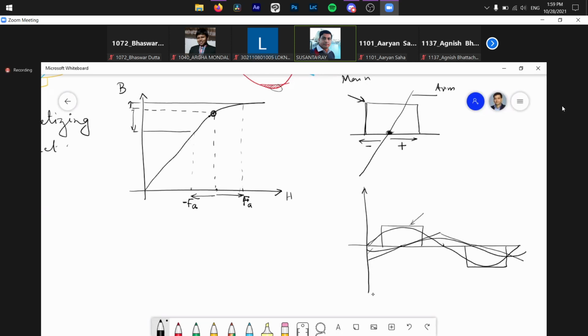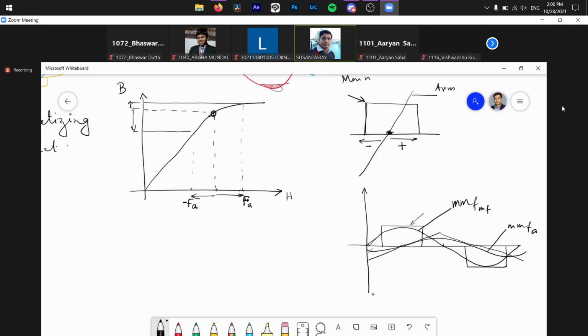So if I erase the non-sinusoidal things, we have only two sinusoidals. One corresponds to your main field MMF, and another is the MMF due to the armature. You tell me what is the relation between these two?